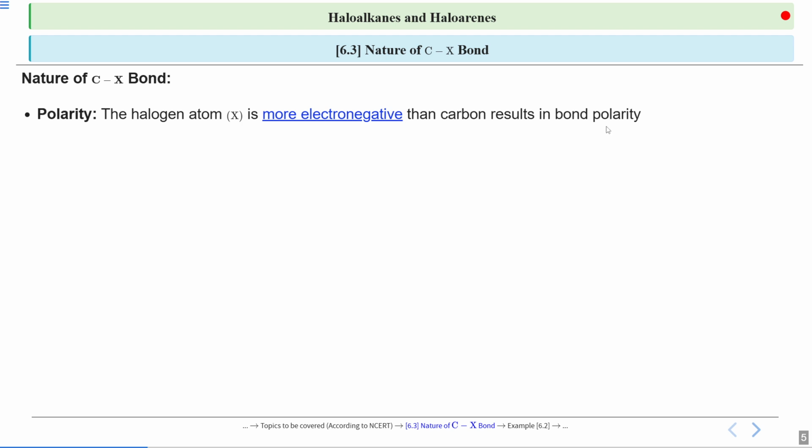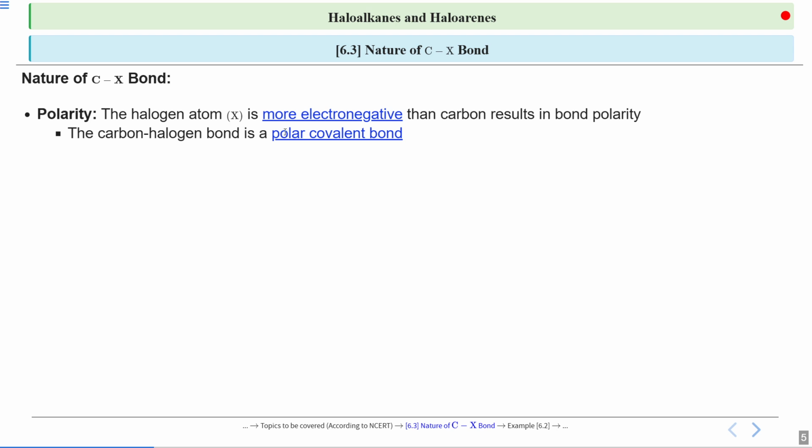Halogens are known for their electronegativity, meaning they have the ability to pull the bonded electrons towards themselves more strongly. So the bond forming between the carbon and the halogen is a polar bond.